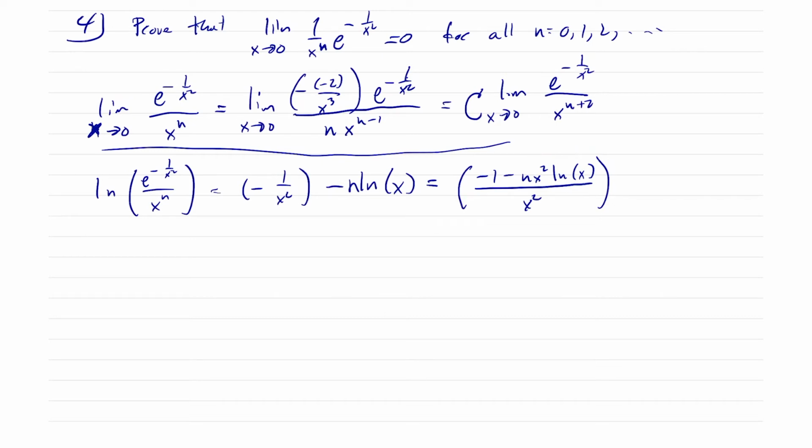And so we can say, what is the limit of x squared times ln of x as x goes to 0? So that is actually going to be 0, right? And the reason why is because x times ln of x goes to 0, or x to any power times ln of x goes to 0. Again, this is L'Hopital's rule.